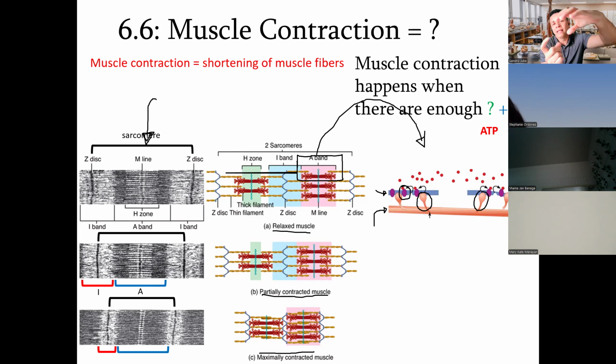Because the myosin head, as I said, needs to go into a little site called the myosin binding site, and in that way it is able to interact with the thin filament. But that cannot happen if the regulatory protein is in the way. So that means that the muscle cannot contract. The muscle is relaxed. Okay?